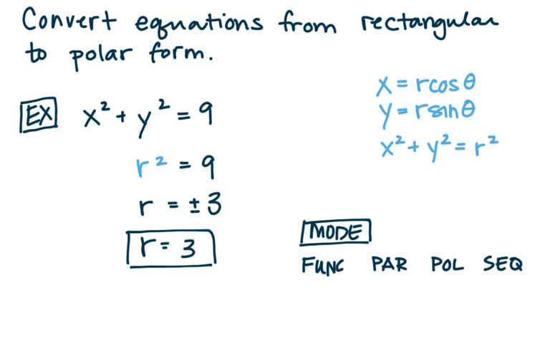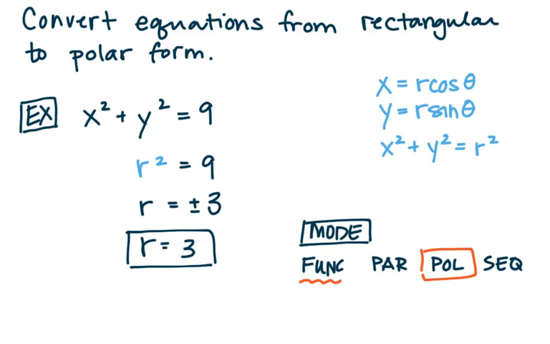So this is a way you can type polar equations. You just need to change your mode to polar. You are used to being in function mode, y in terms of x. So we're dealing with polar. You may need to switch over. All you have to do is hit the mode button. And I encourage you when you're working on these in your homework to use your calculator to help you graph some of these different shapes.